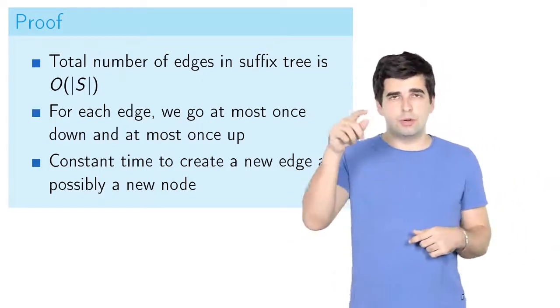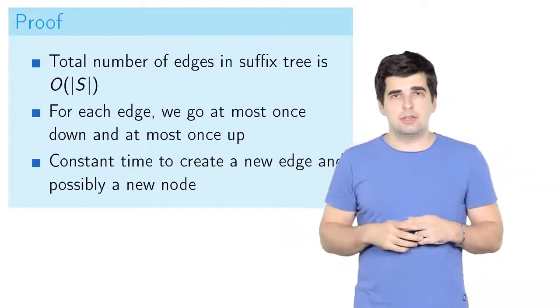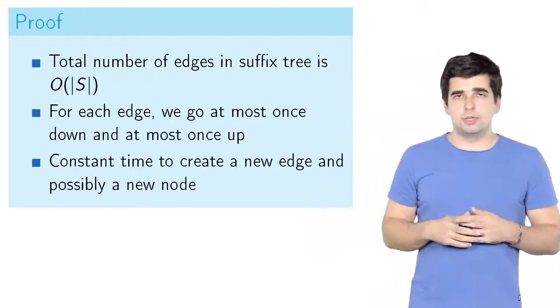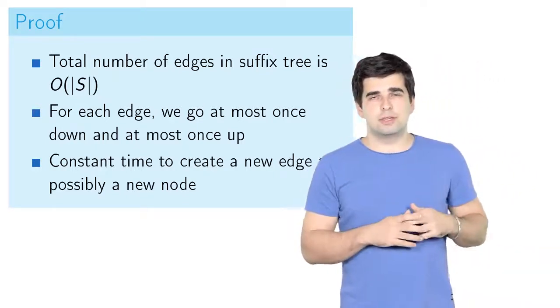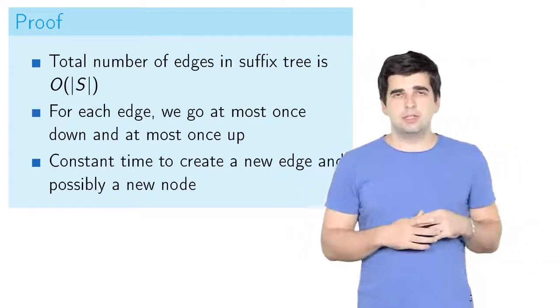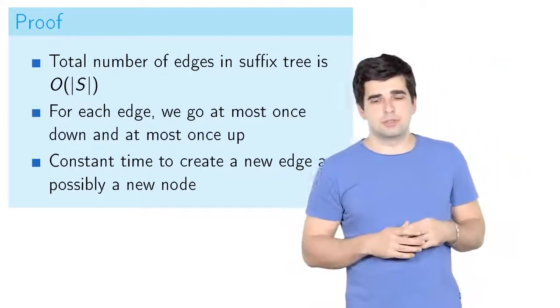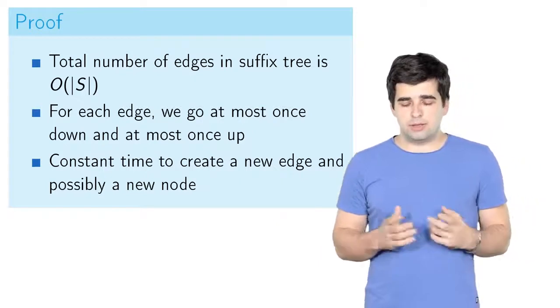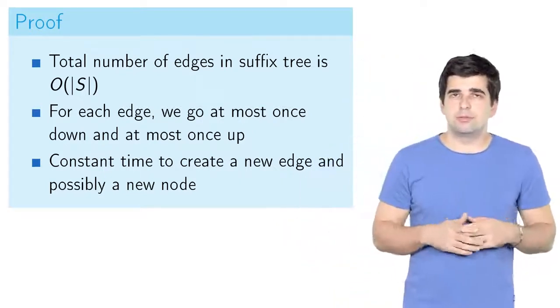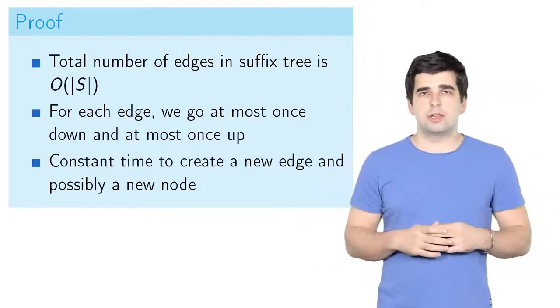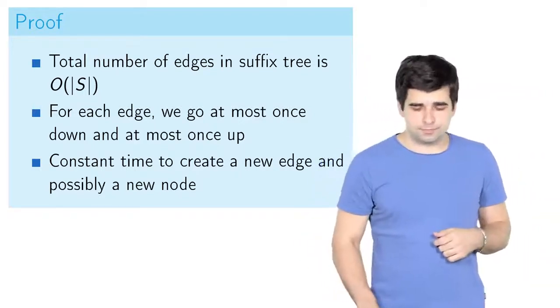We don't go through the same edge again because we've already been there. So for each edge, we go through this edge at most twice, disregarding maybe additional one per iteration, and we have only a linear number of iterations of the whole algorithm. And the time to create a new edge or a new leaf or subdivide an existing edge is constant. So in total, this algorithm works in linear time.